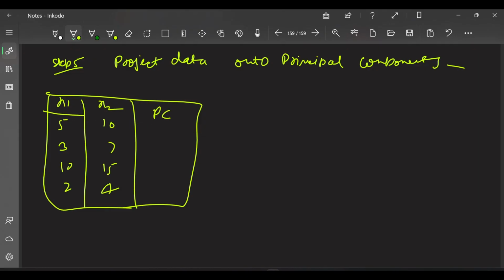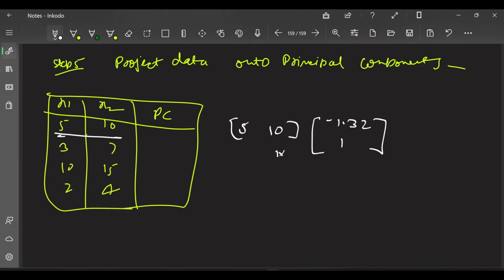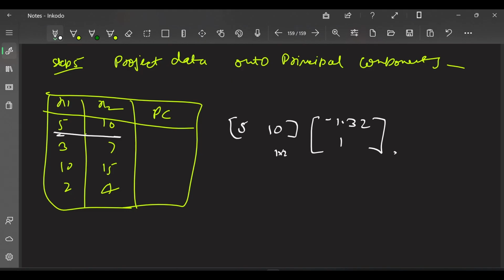Okay, so how will we find the principal component value? This one will be our matrix. So x1 comma x2, we will write 5 comma 10, and we will multiply it with the eigenvector which we have got: minus 1.32 and 1. This is your 1 cross 2 matrix, and this is your 2 cross 1.